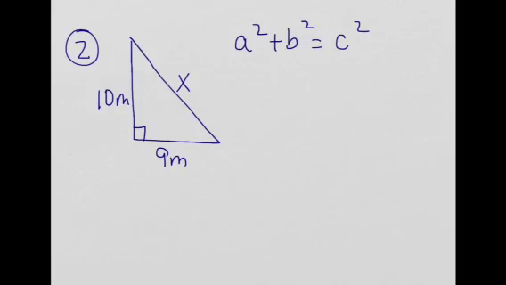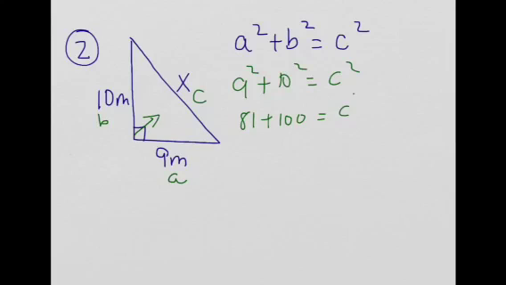All right, Pythagorean theorem again. Smallest side is A, medium side is B, longest side is C, which is across from the right angle. 9 squared plus 10 squared equals c squared. 81 plus 100 is equal to c squared. 181 is equal to c squared.